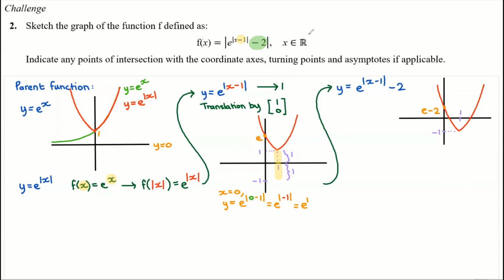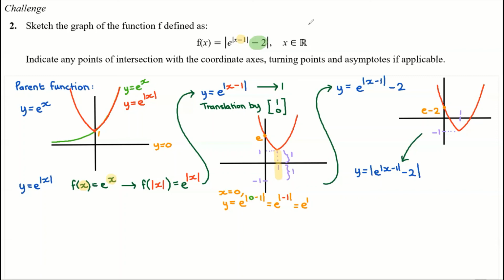So another arrow. So my storyboard continues. So down to here, we're now going to sketch the final thing. So we're going to take y is equal to the modulus of the whole thing, e to the modulus of x subtract 1, close the modulus, subtract 2, and close the second modulus. And now we've got all the transformations done. It's just a case of taking the modulus of what we've got.